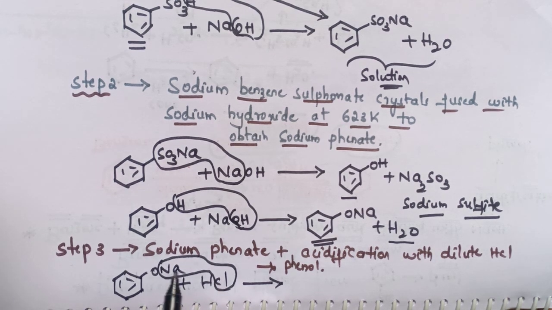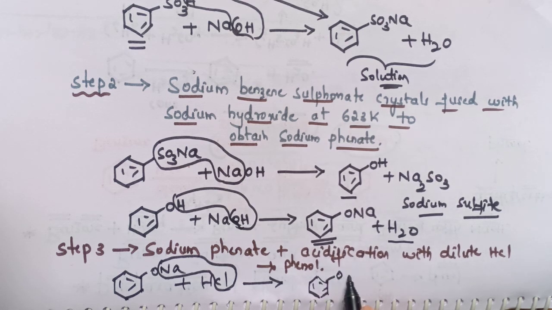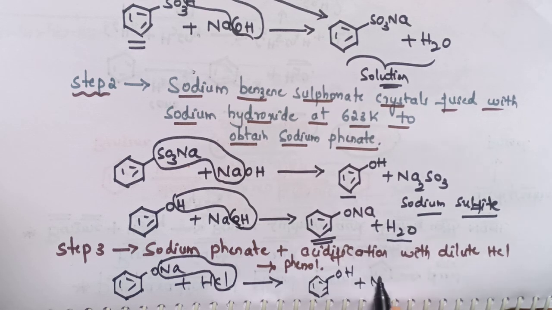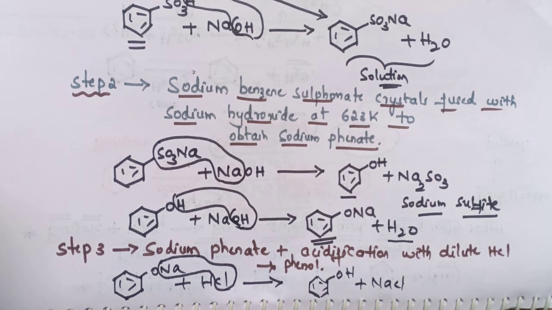Here you can see here is Na and here is Cl. So what we are remaining with is O and H. So it will form the OH. That is phenol is formed plus NaCl is formed. So this phenol which is formed is very stable. This is about the clear-cut explanation of this mechanism.